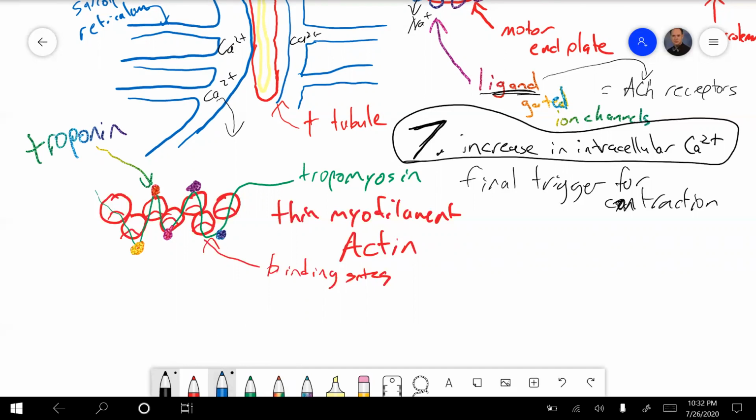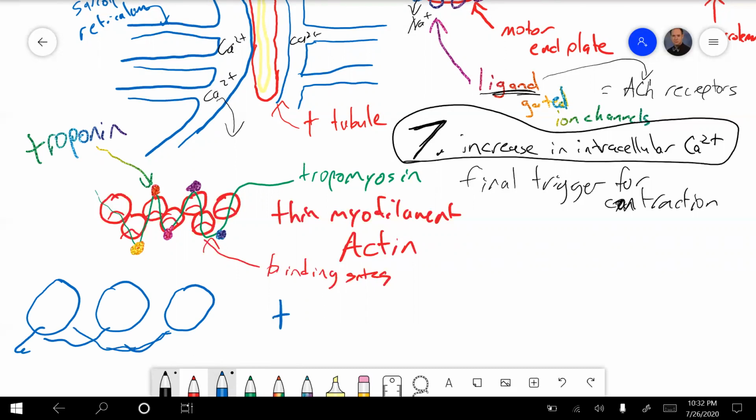Our thick filament is so many times bigger than this. We're not going to draw the whole thing. In fact, we're just going to draw a little part of it. Looks like this. Now, there are a bunch of these, and they have these little tails, and they all come back together, and they're all combined. Again, not drawing. The thick filament is myosin. And these things are called the myosin heads.